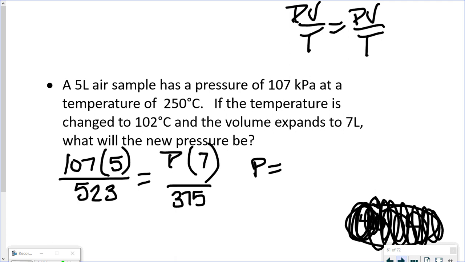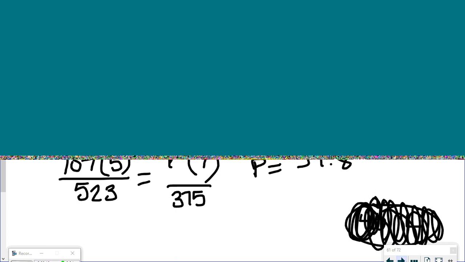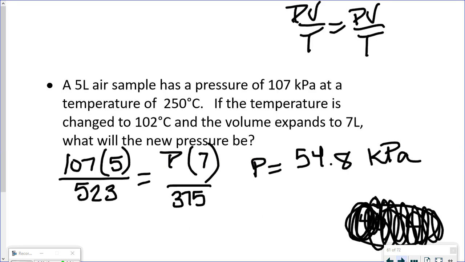You're going to end up dividing by 523 times 7. So that's going to give you a pressure of 54.8. And our pressure unit is in kPa. I would normally give you more digits, but both volumes only have 1 sig fig. So we can round this to 1 sig fig by making it 50 kPa.